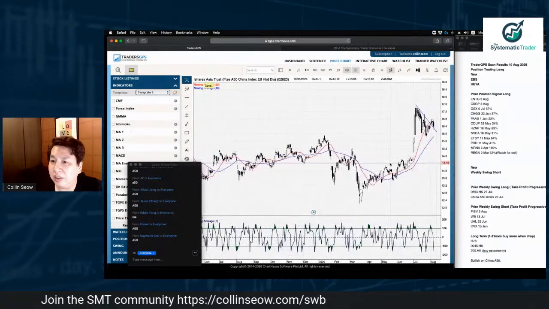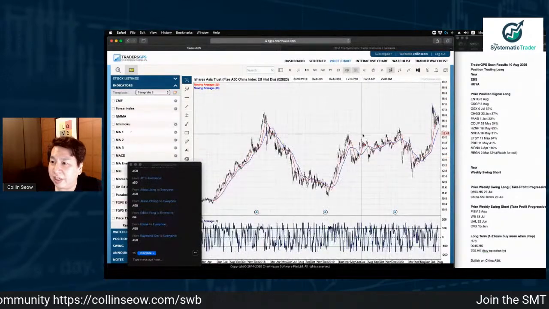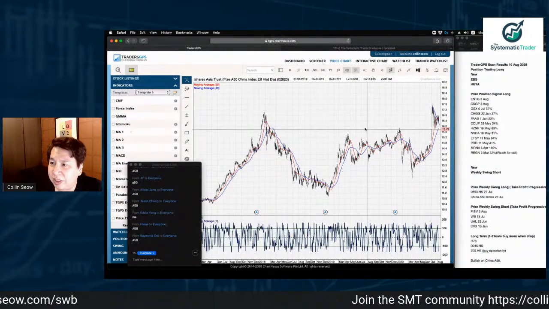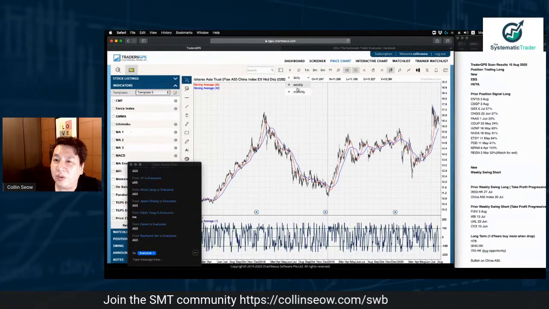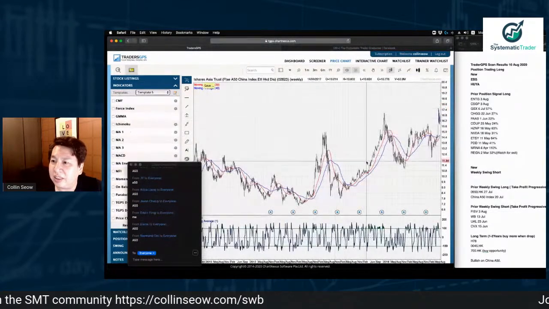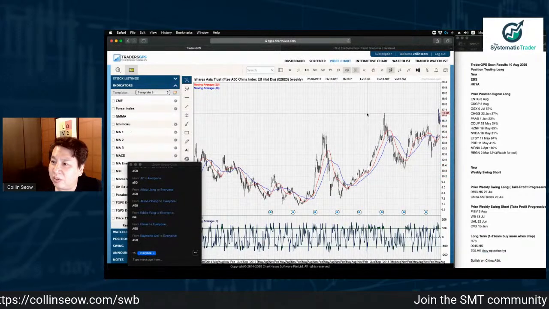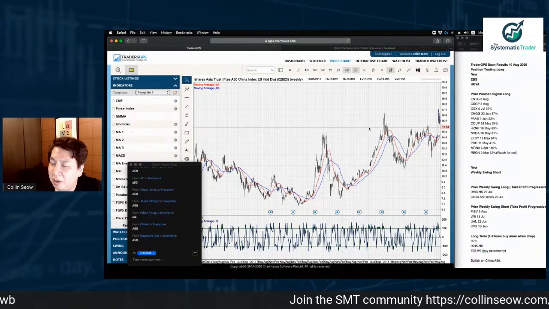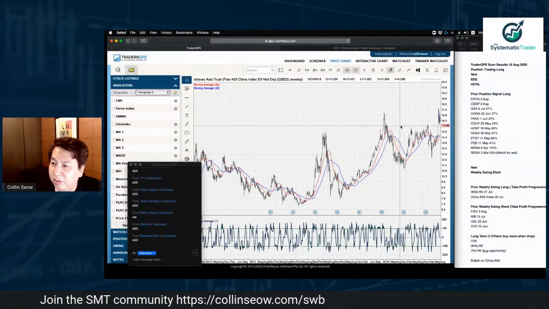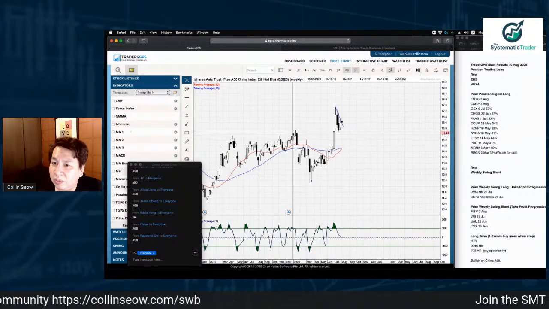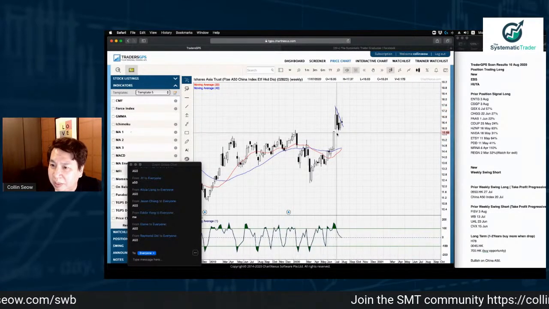Look at this. We have broken the resistance over here, and the price has pulled back. If we go into the weekly charts, it's a bit more obvious. It broke above the resistance over here, and the broken resistance turns into support.